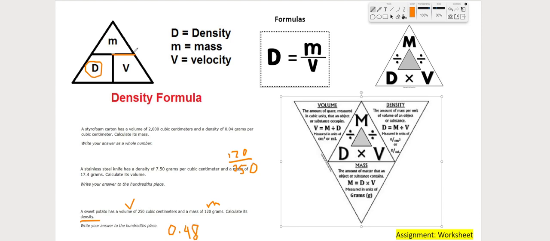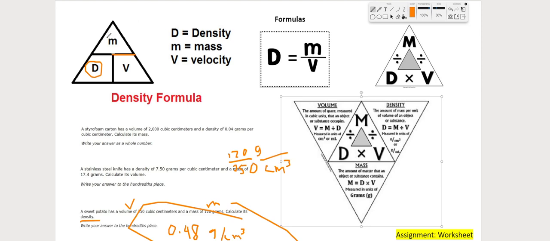Since we have the mass in grams and 250 in centimeters cubed, the unit is going to be grams per centimeter cubed. And that's how you do it.